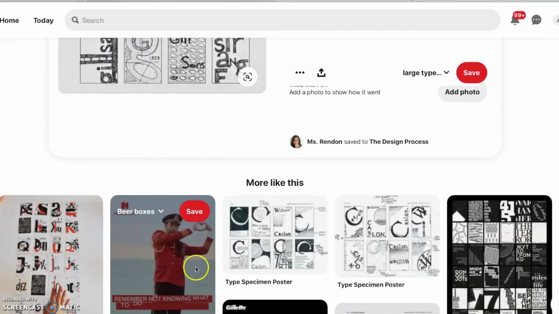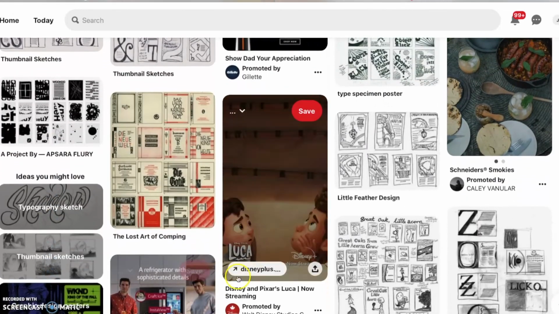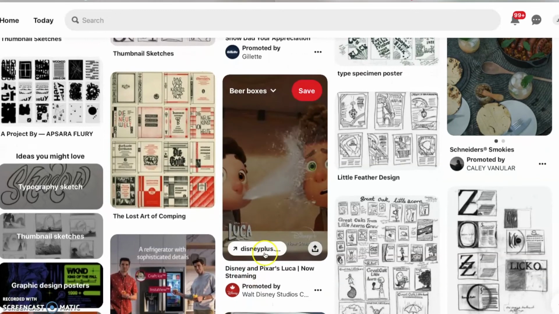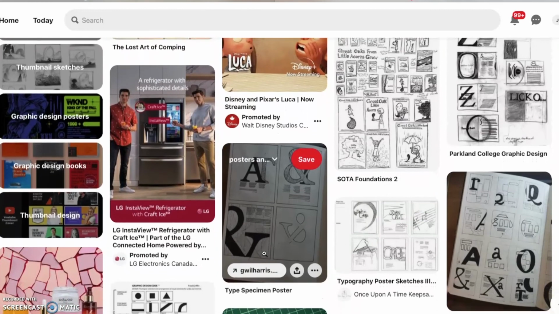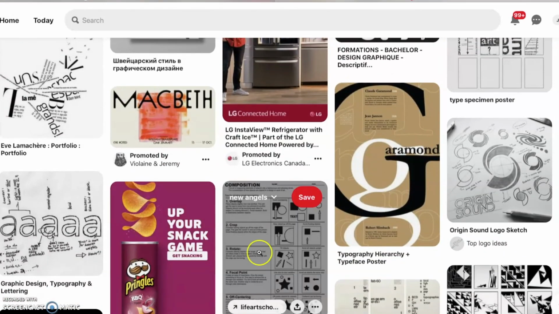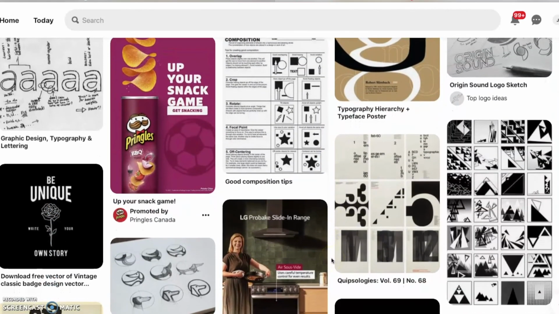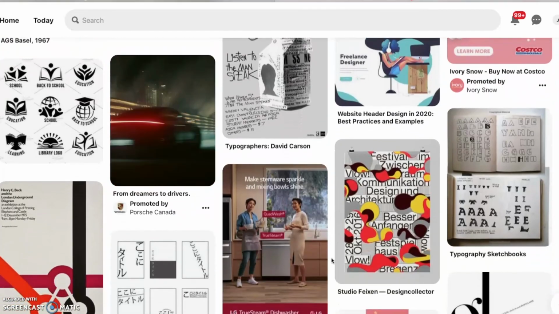So the reason I use thumbnails is really because I can sketch out things a lot quicker, and I can do multiple versions of thumbnails for graphic design using pen and paper than I can on the computer.